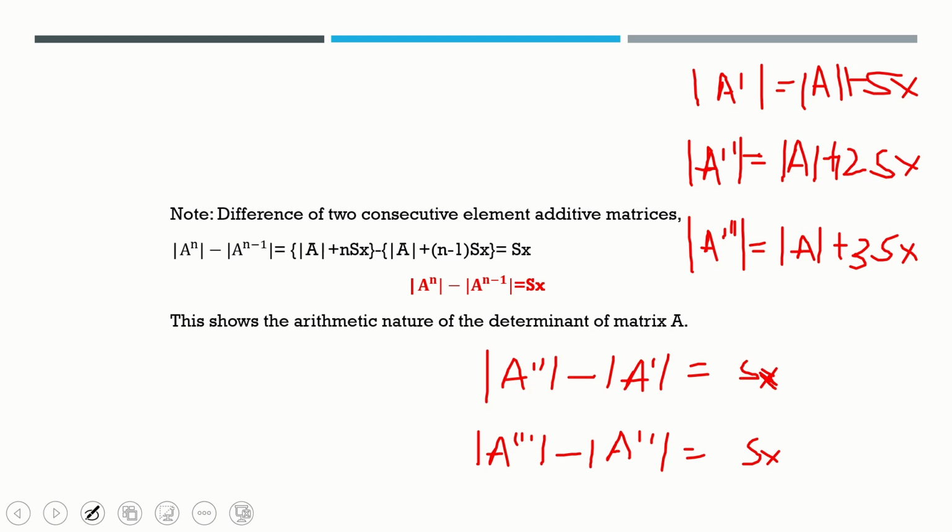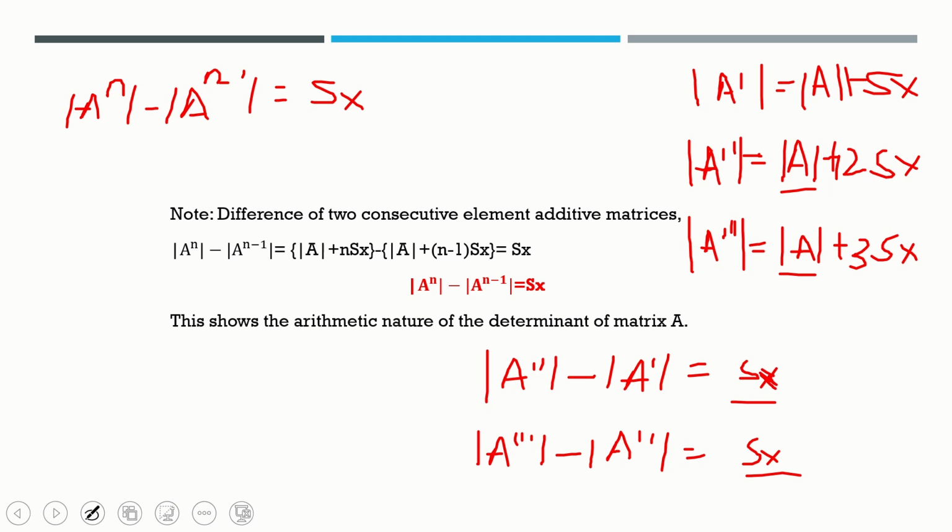Okay. If you see clearly, if you subtract, the A terms will cancel out and you will be left with Sx. So I can write in general, if this is An, we have to subtract An minus 1, which gives Sx.